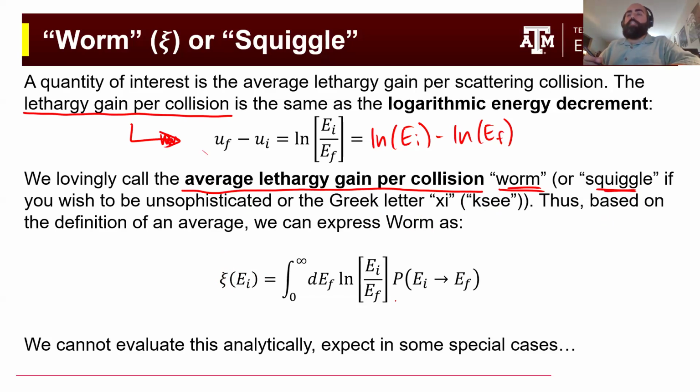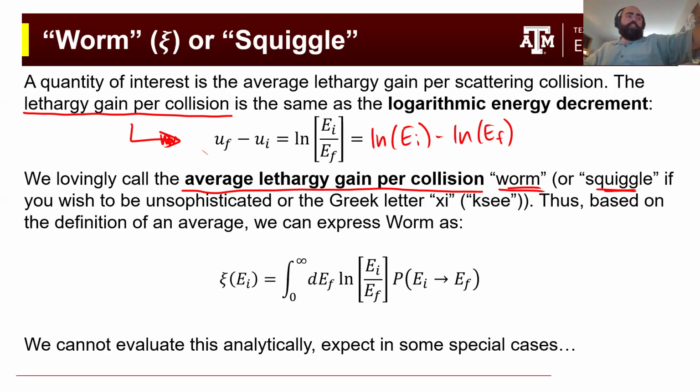If this is the formula for lethargy gain, worm is just the average of that: a weighted average of the lethargy gain, weighted by the probability density that a neutron scatters from the energy E_i to the energy E_f.